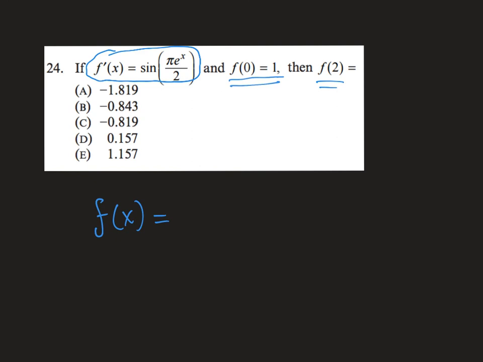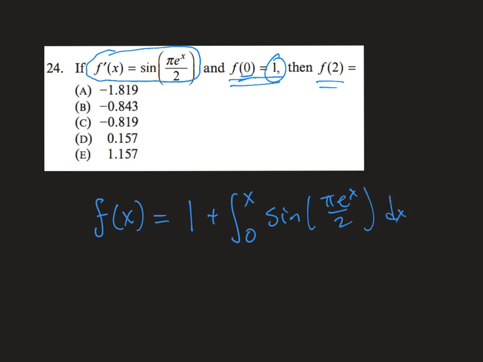F of x is going to be that initial condition, which is 1, right, this guy right here, plus any accumulation after 1. So we'll do the definite integral from the x-coordinate 0, which is where the y value 1 is located, to some value x of sine of pi e to the x over 2 dx.